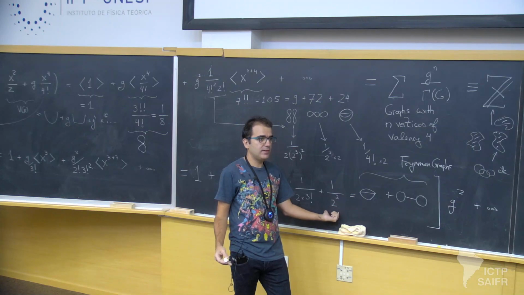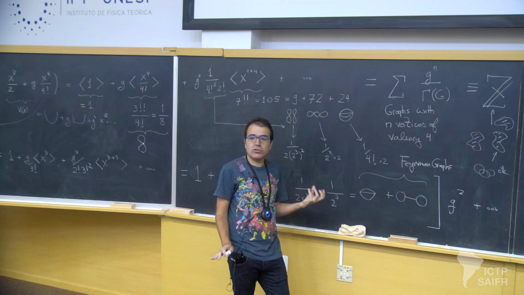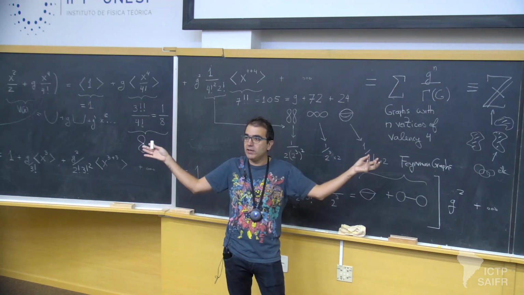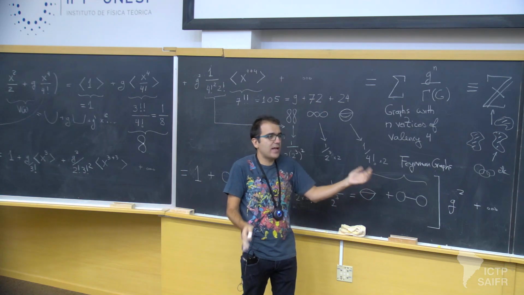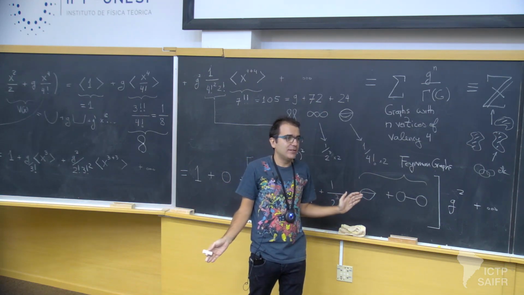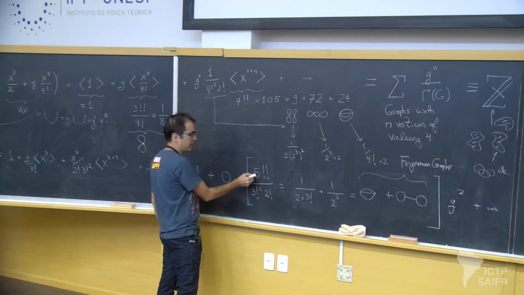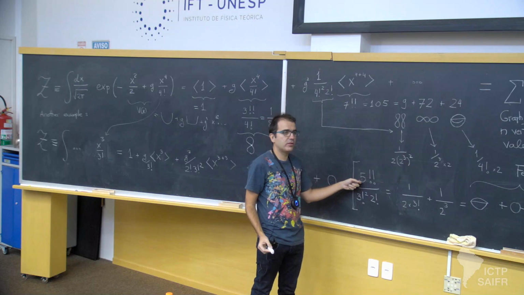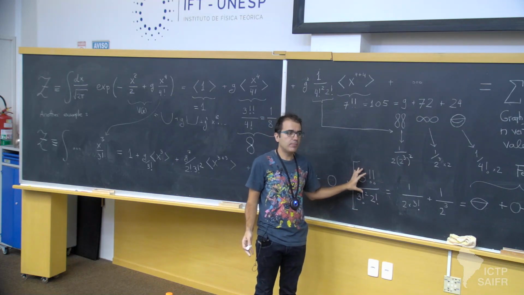But I don't know how many types of graphs there are. The very total, however, is very easy, because it's just the average of x to the 12. That's just 11 double factorial. So when I add them all up, I know the analog of this result. Instead of 5, it will be 9 double factorial. So I know this full result.